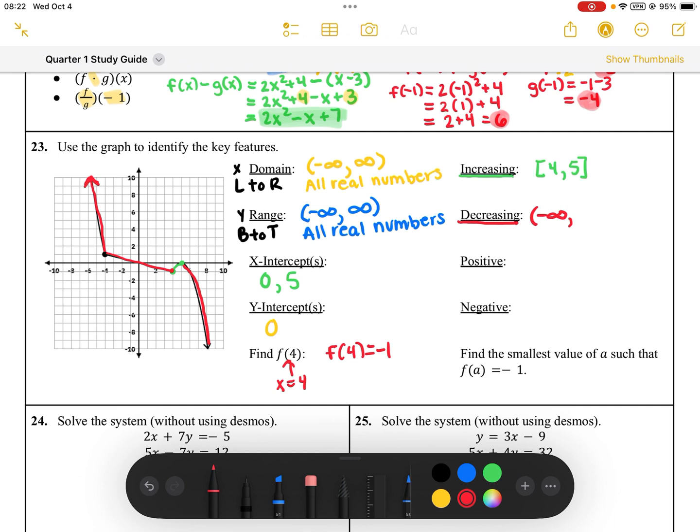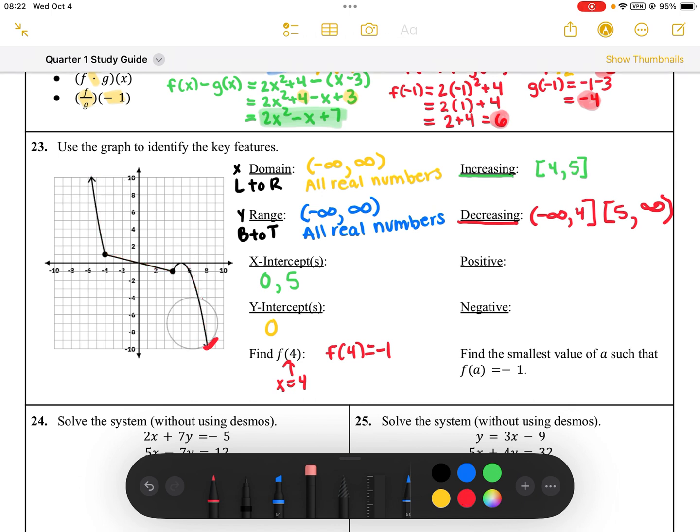Then it stops here at 4. So from negative infinity to 4 is my first interval. Oops, sorry, that was supposed to be a square bracket for 4. So negative infinity has a parenthesis, 4 has the square bracket. Second interval starts at 5, so square bracket, 5. The graph continues to go down forever and ever, goes towards positive infinity, so positive infinity, parenthesis.